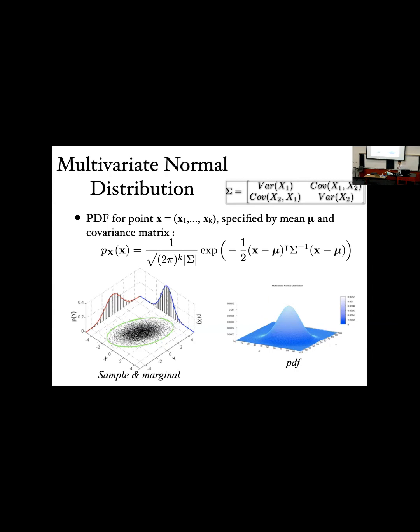Okay, now comes the next question. If 2 variables are Gaussian, each of them is Gaussian, do you think they are jointly Gaussian? Can you give an example? You can construct a lot of examples, right?